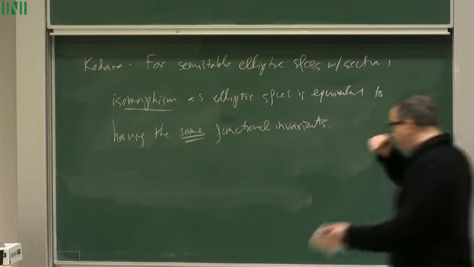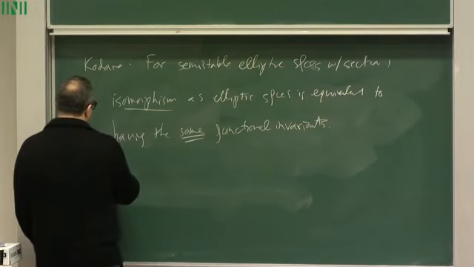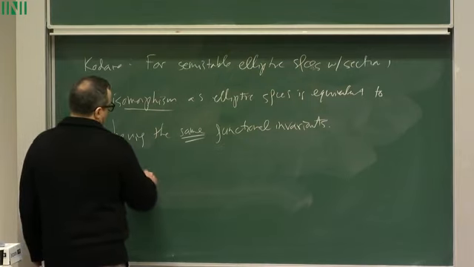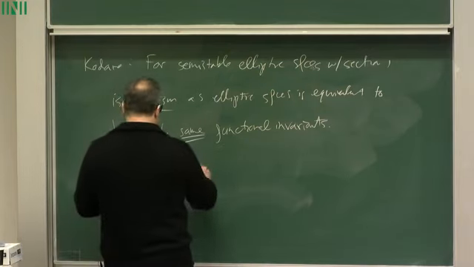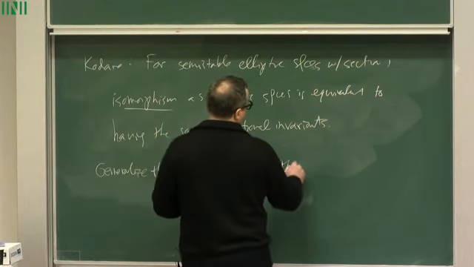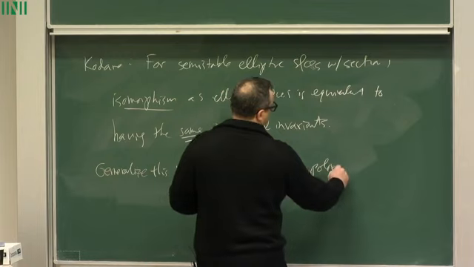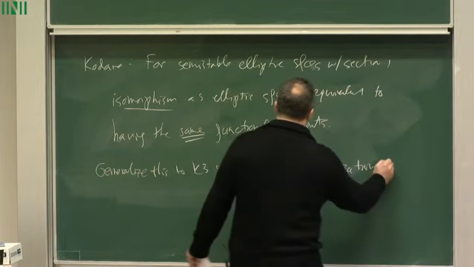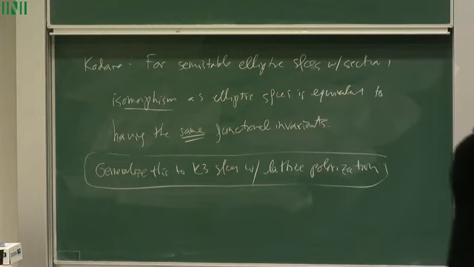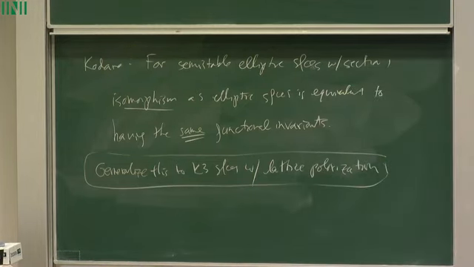Okay? So what I want to do next is generalize this to K3 surfaces with a lattice polarization. By which I mean generalize the elliptic curve fibers, right? I don't mean look at elliptic K3 surfaces with section. That's a different story. But what I mean is generalize the fibers.